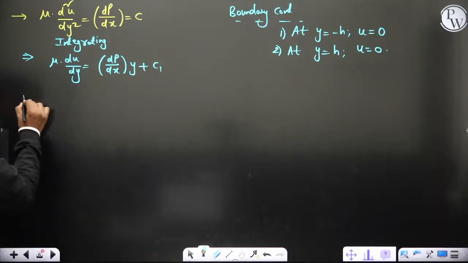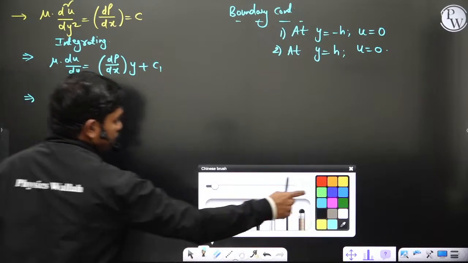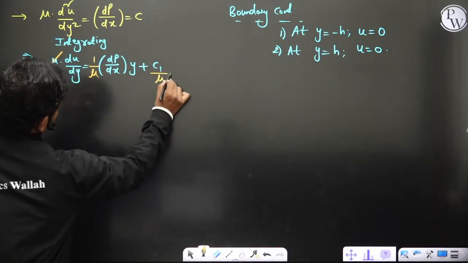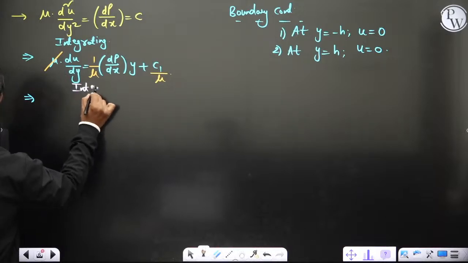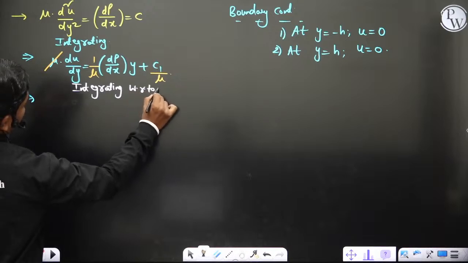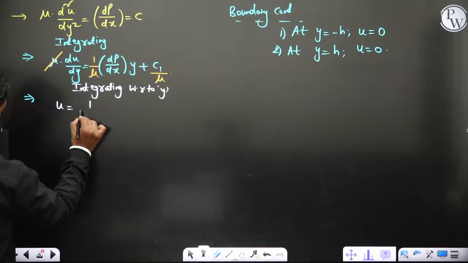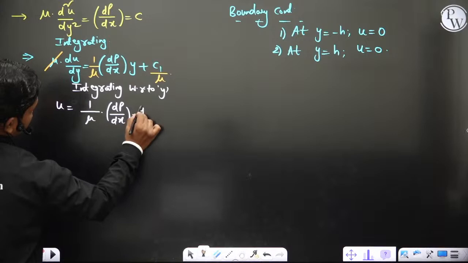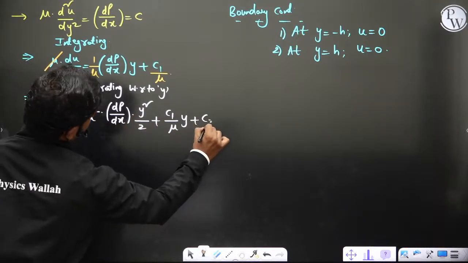Now if you integrate once again with respect to y only, this is actually constant, so you can treat this as constant. So u is equal to 1 by mu into dp by dx into y square by 2 plus c1 by mu y plus c2. This is what you have.